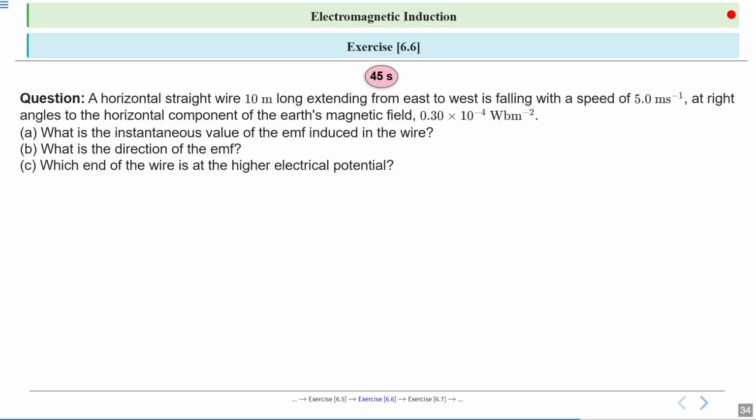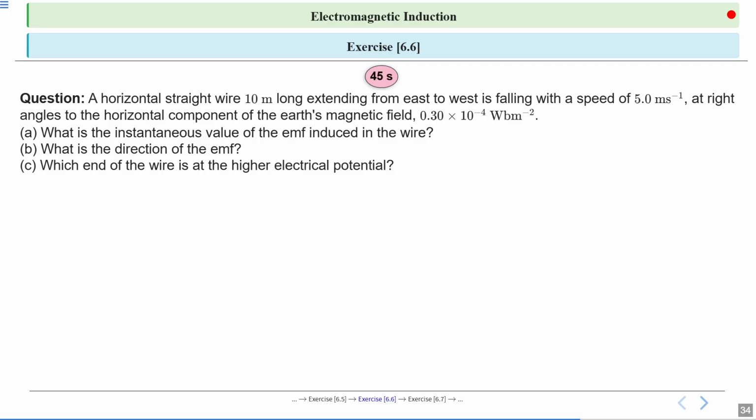Now Earth's magnetic field is from south to north. Rod is extended in the east to west direction and speed is in the downward direction. Okay, all the three things, magnetic field, length and velocity, are mutually perpendicular to each other.